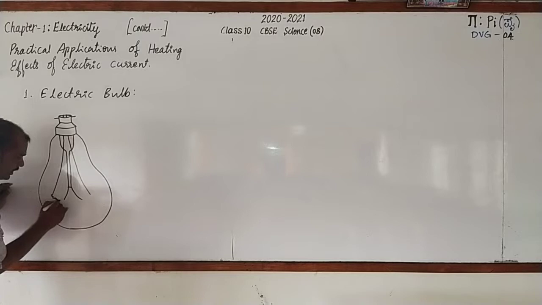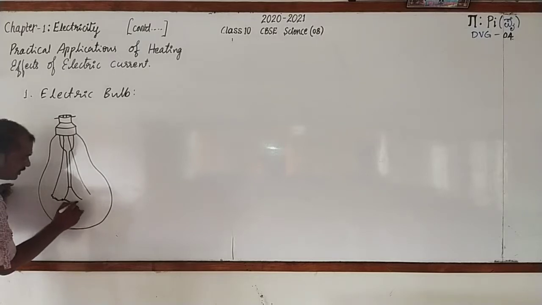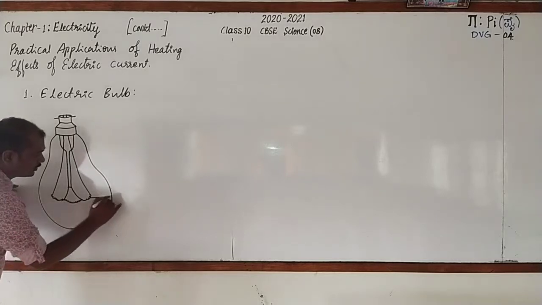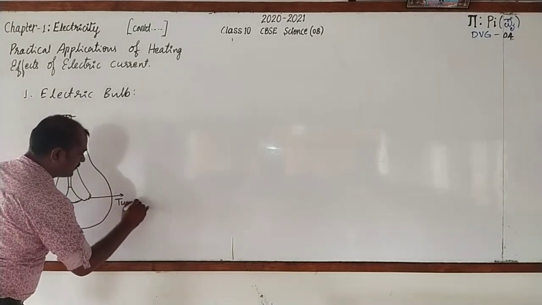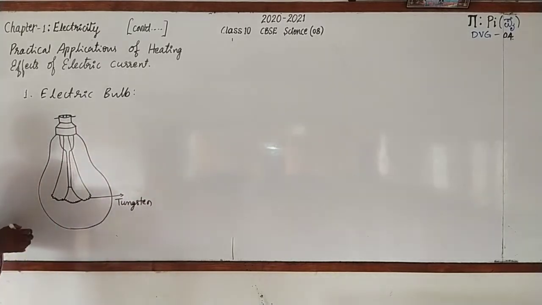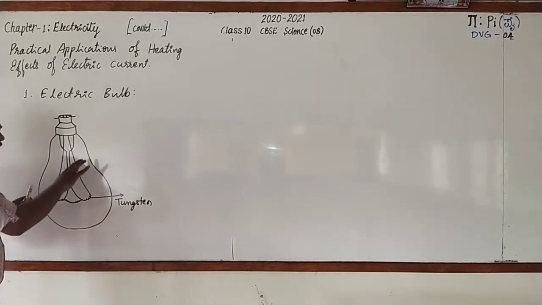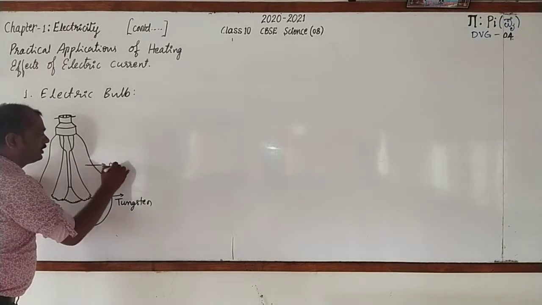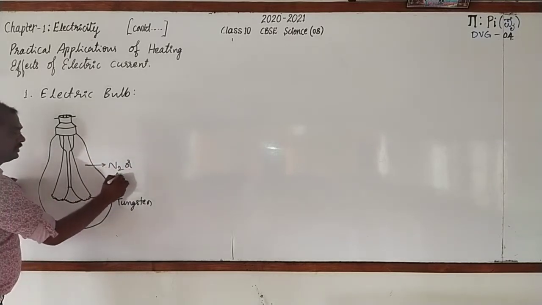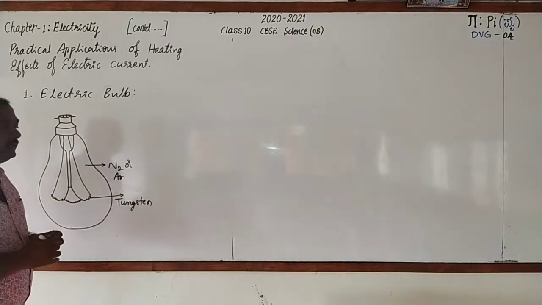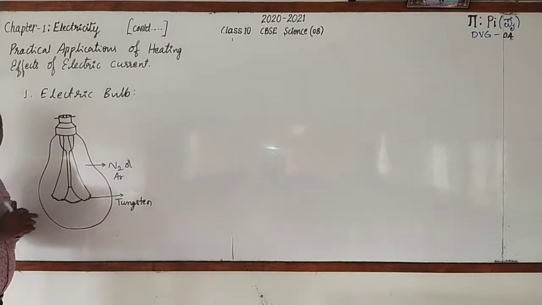Then here a spiral-like wire will be there, and this spiral-like wire is called tungsten. Got it? And the bulb is filled with the gas called either nitrogen or argon. They are chemically inactive. They give long life to the bulb.